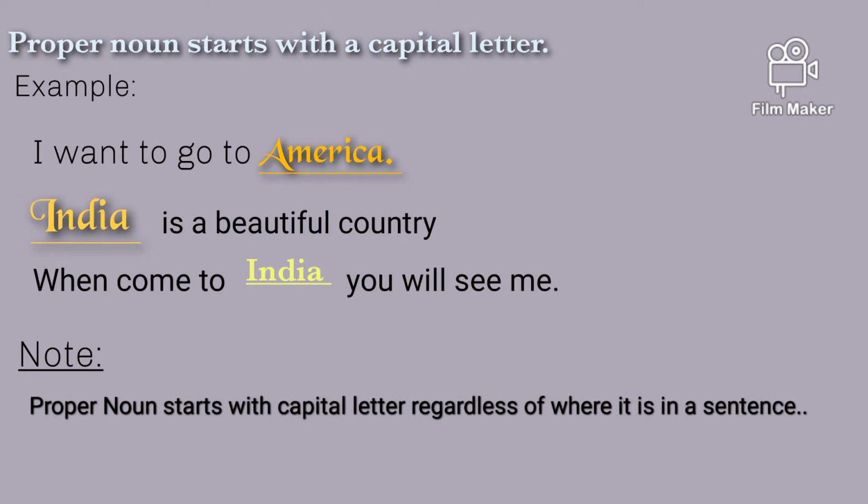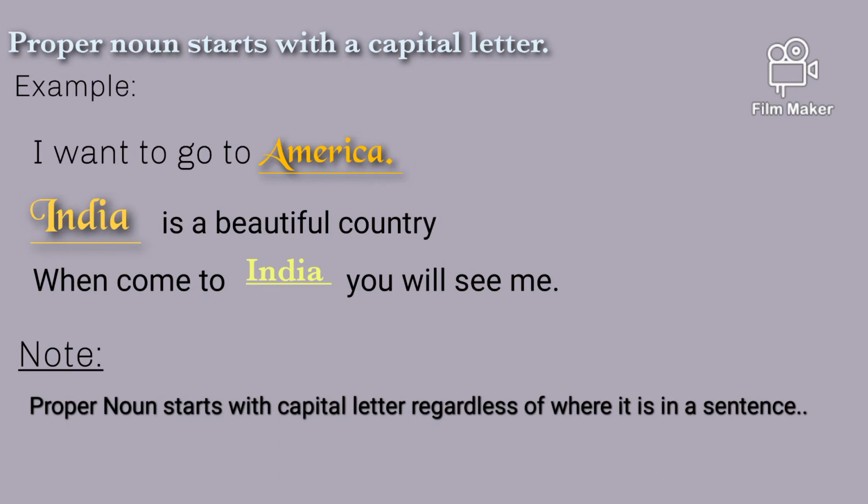Now one more example of identifying proper nouns. Proper noun starts with a capital letter. Example: I want to go to America. So here America is a proper noun. And how do we identify it? By noticing that America starts with a capital A, okay?